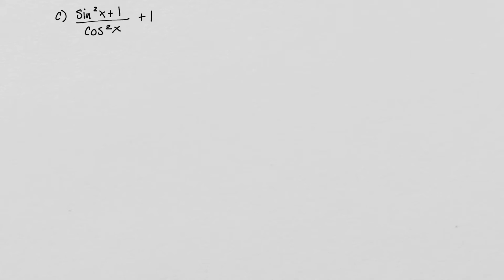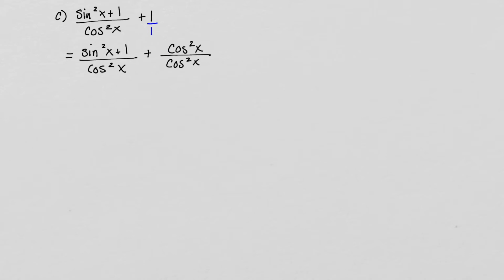So we're going to have the same thing. Our first fraction has cosine squared x on the bottom. And remember, we can think of the second one as a fraction too. It's 1 over 1, but I want the denominator now to be cosine squared x. So I'm going to multiply the bottom by cosine squared x, which means I also have to multiply the top by cosine squared x.